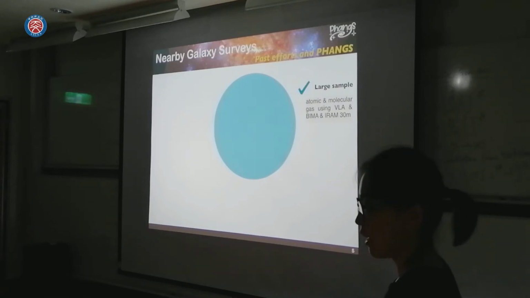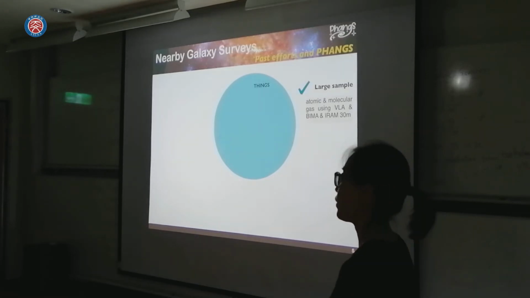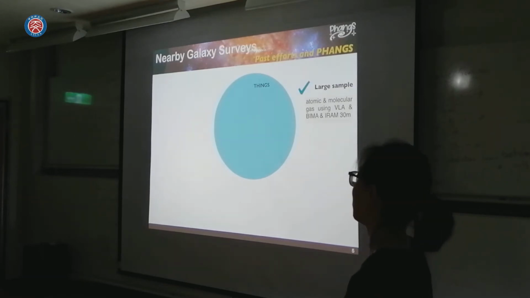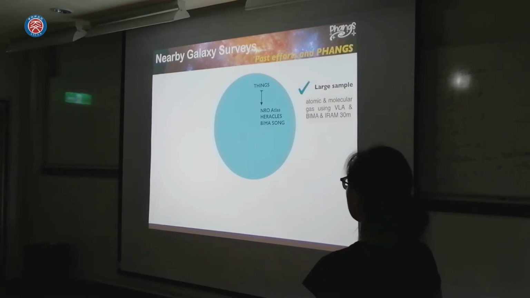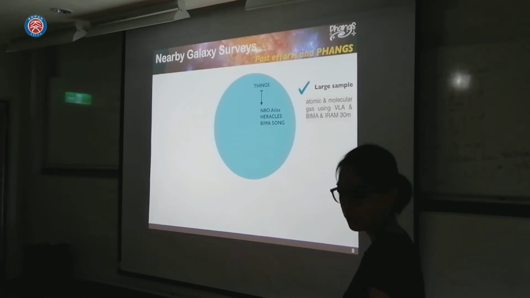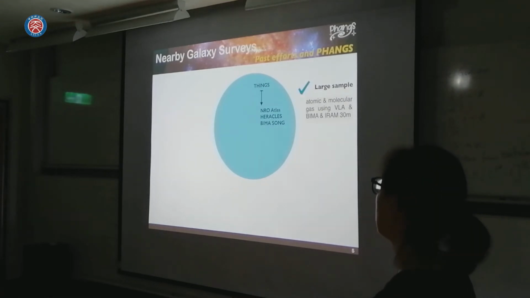For the gas, there was the VLA THINGS survey mapping HI in nearby galaxies, and NRO Atlas and HERACLES, which mapped CO molecular gas in nearby galaxies with single-dish telescopes.